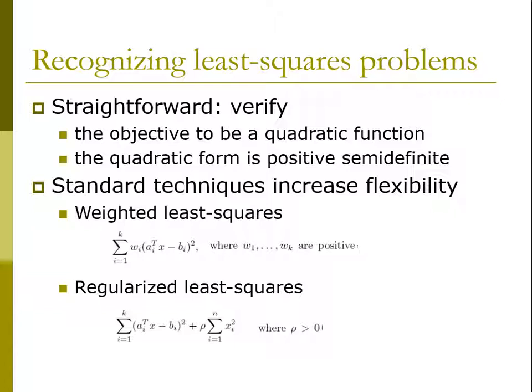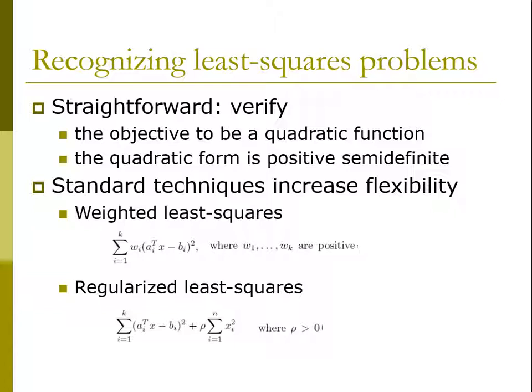In the objective function, w1 to wk are positive values used to weight the terms. Here, the weights wi are chosen to influence the solutions.